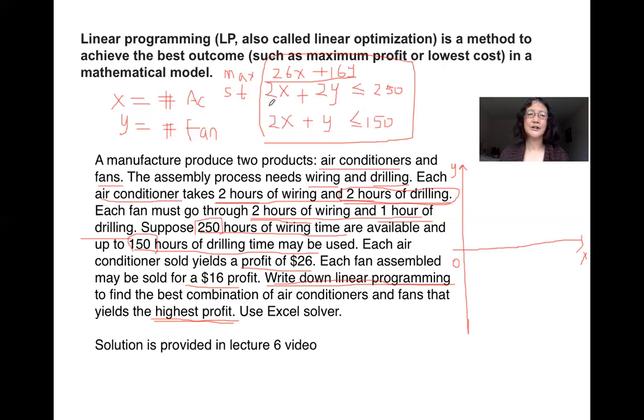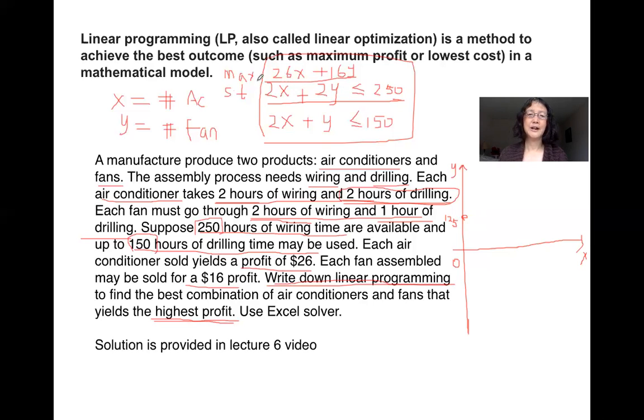So let's draw a straight line on the graph to represent this constraint first. 2x plus 2y smaller than or equal to 250. When x equals 0, y equals 125. So suppose this point represents 125.